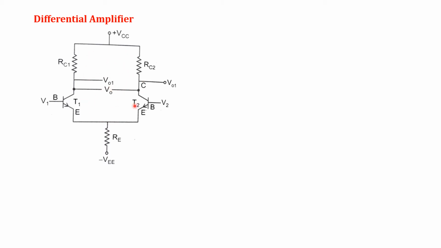In that circuit connection, two symmetrical stages form an emitter coupled differential amplifier, since the emitter of one transistor T1 and the emitter of the second transistor T2 are coupled together.